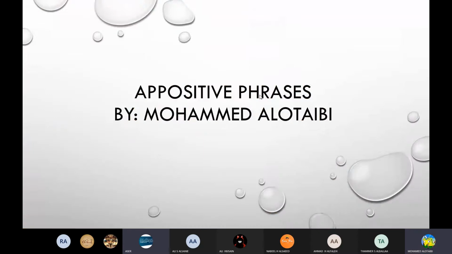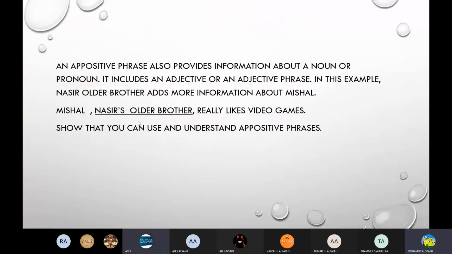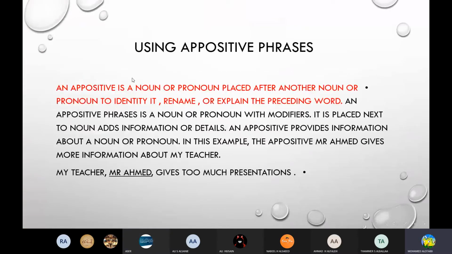Good afternoon, everyone. We're talking about appositive phrases by Muhammad Lethabi. Let's get started. Using appositive phrases. An appositive is a noun or a pronoun placed after another noun or pronoun to identify, rename, or explain the preceding word.